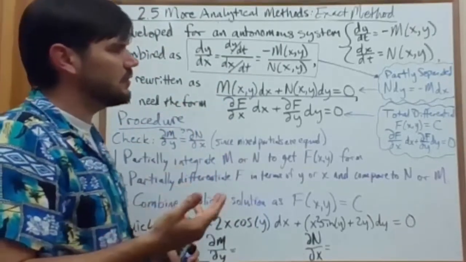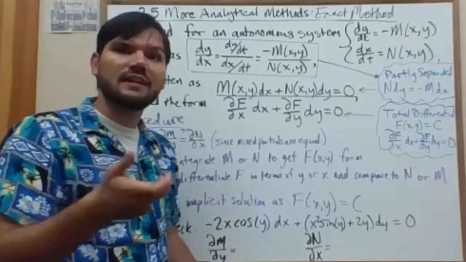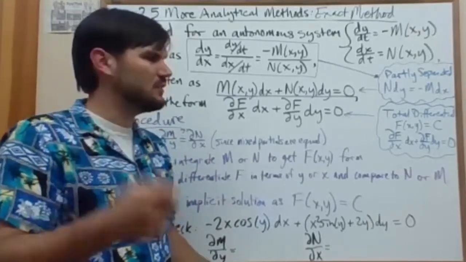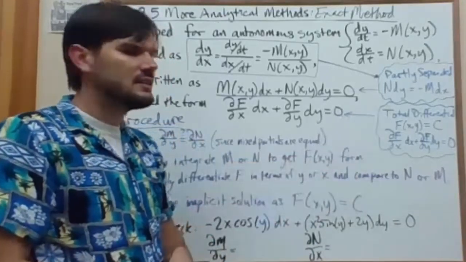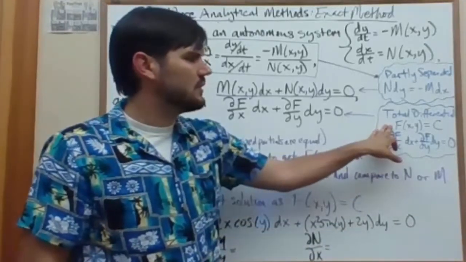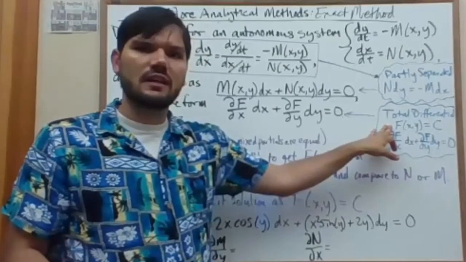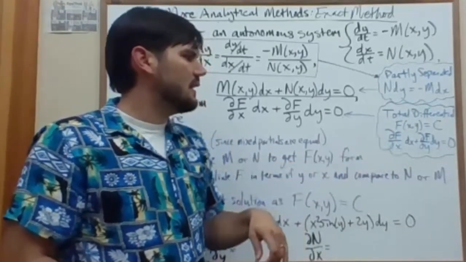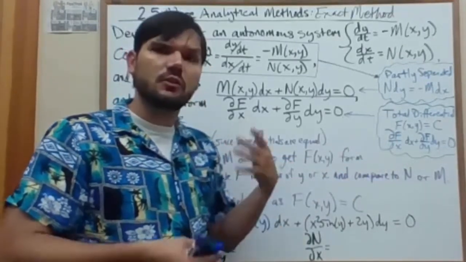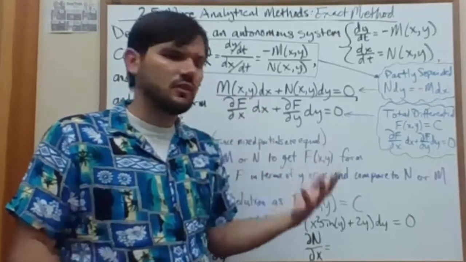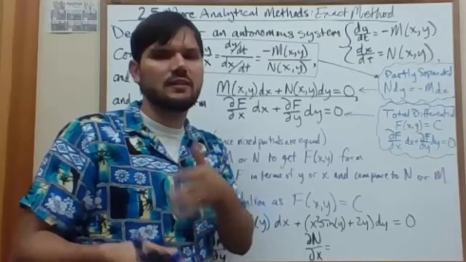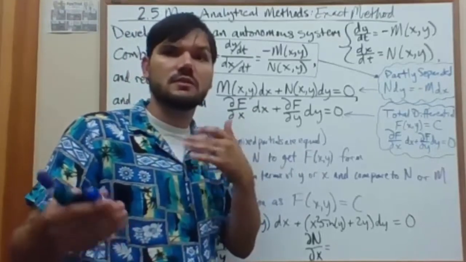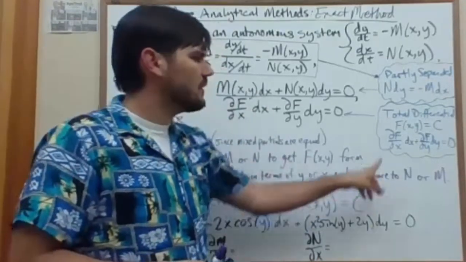Now this differential form compares directly to the total differential, which we get from calculus. If you have some function of two variables equal to a constant, then if you take the total differential of both sides, in a sense we used a shorthand of thinking of x and y in terms of t and differentiating down.